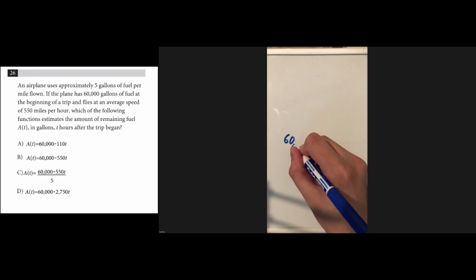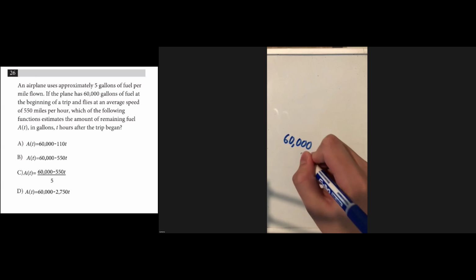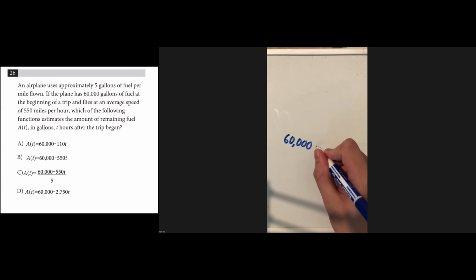Okay, so we're on question 26. We're asked to find the amount of remaining fuel T hours after the trip began. We're told that it starts at 60,000. So we have 60,000. Since we start with that and we lose fuel, it would be a minus.